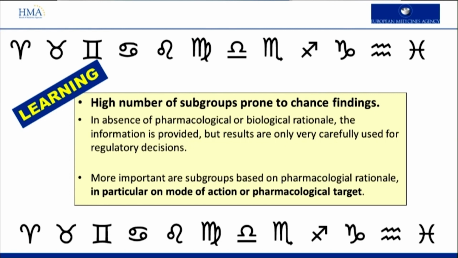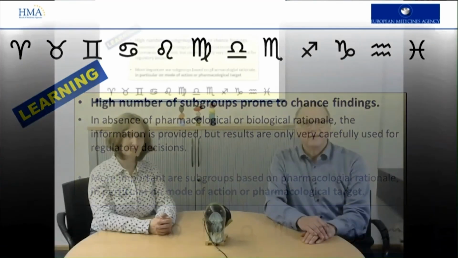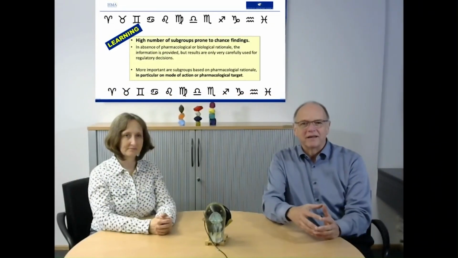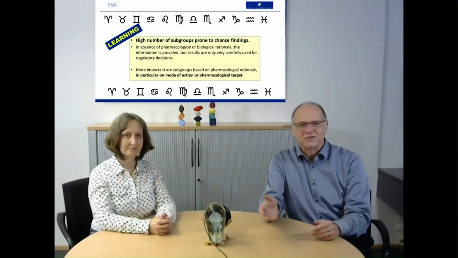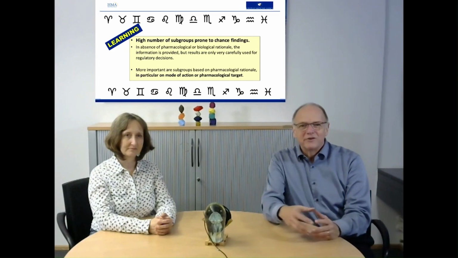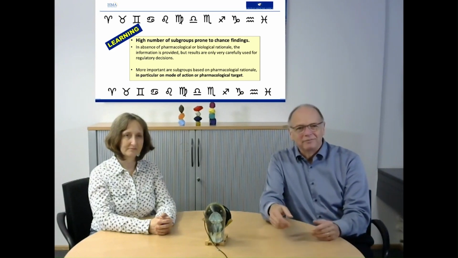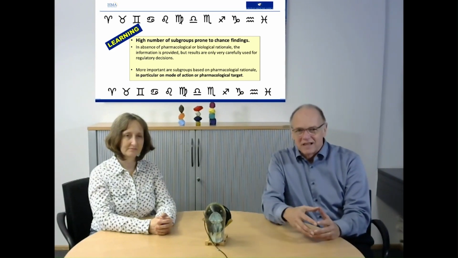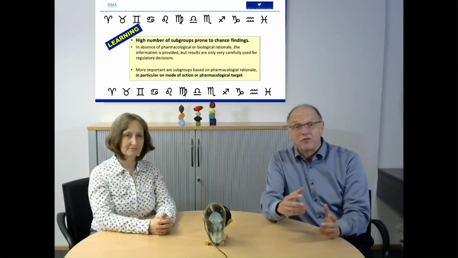Therefore, in the absence of a pharmacological or biological rationale, these differences are described but are rarely reliable enough to justify restrictions on the use of the medicine. So, in general, subgroup analysis must be taken with a grain of salt. Or, to express this more scientifically, hypothesis-generating results in subgroups may trigger further research.